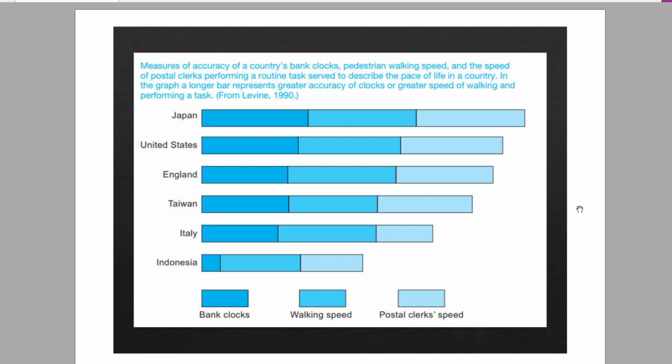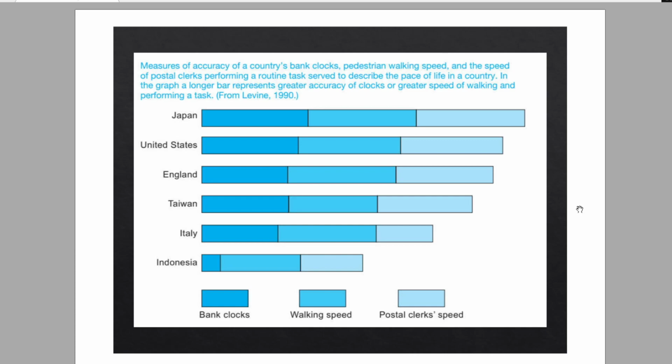You can see that some places had a greater speed of movement and greater accuracy, and those were places like the United States and Japan, which are more fast-paced. The way that they operationalized, or used a more generalized or abstract concept, was to talk about the pace of life in a country. So that's what they ended up calling this, that Japan and the United States have a greater pace of life in a country.